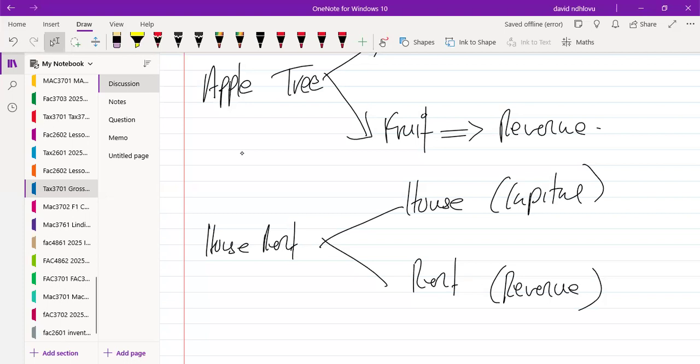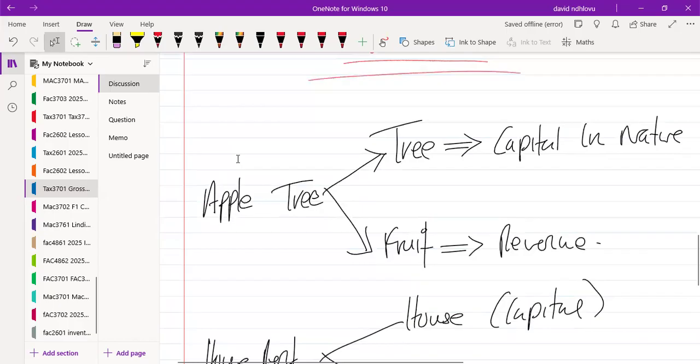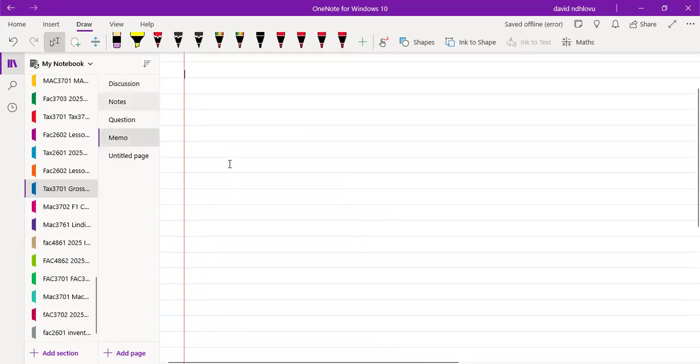So when you collect rental on the house, that is a revenue receipt. But when you decide to sell the house, that is a capital receipt. If you have an apple tree and the fruit, the sale of the tree is capital in nature, and the sale of the fruit is revenue in nature.